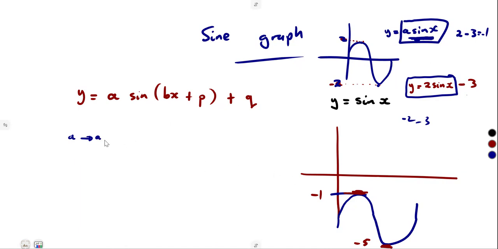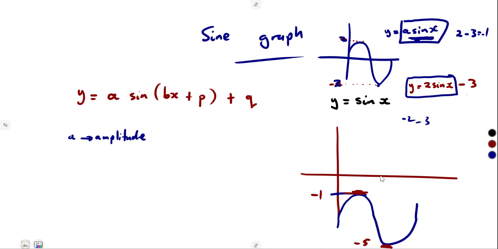So here we are going to have the amplitude. That is what we are going to have as a part of our calculation. A is the amplitude, which can be determined.